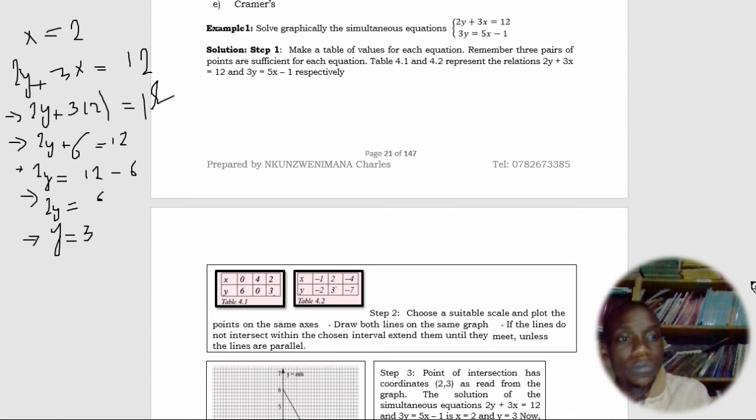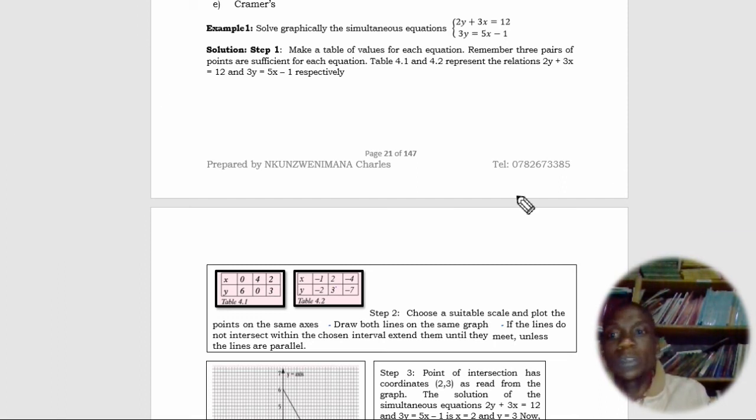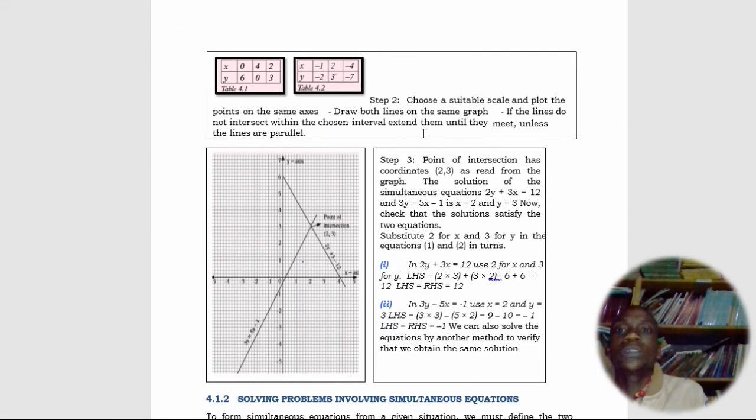Then you perform in the same way. You find the table value for the second question, then you plot on the graph according to the table of value.